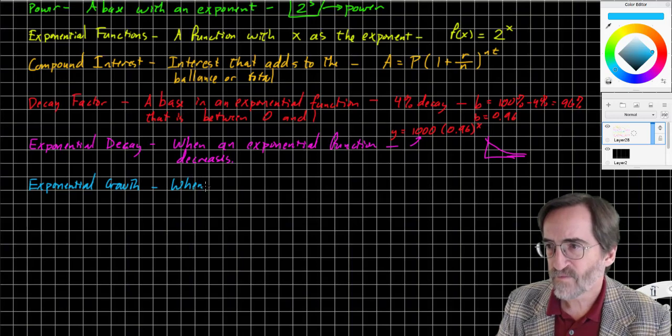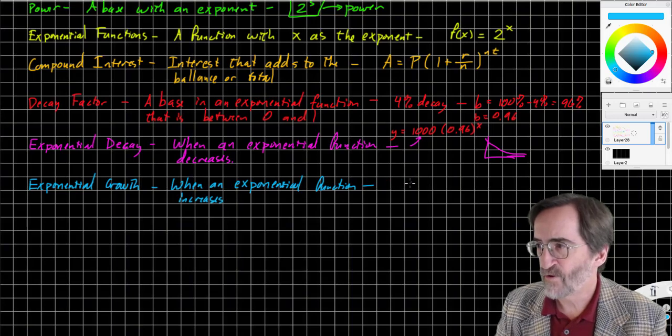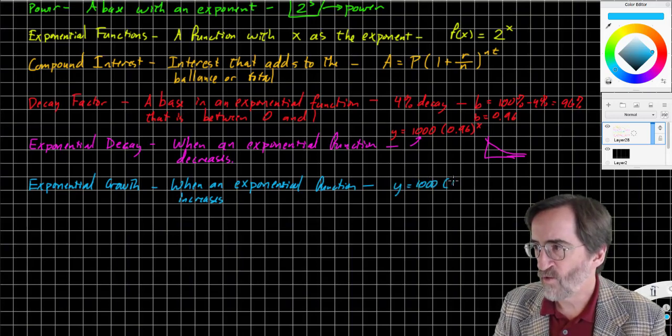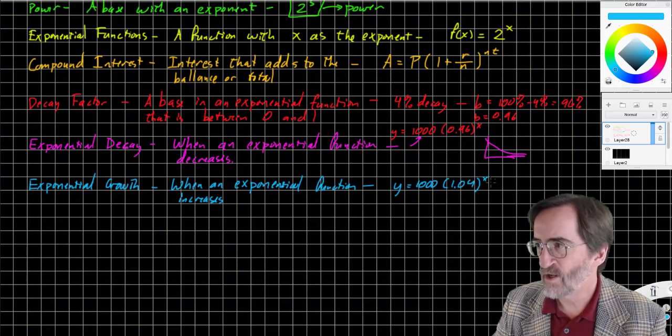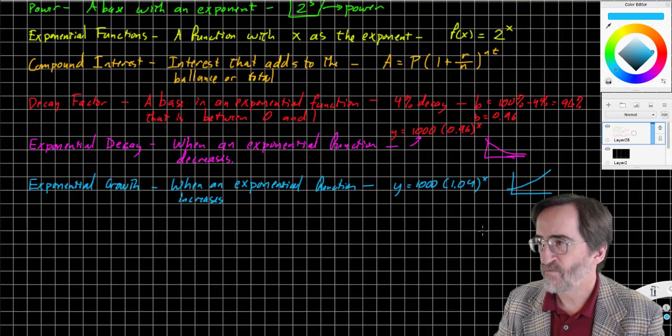When an exponential function increases. Example, y equals 1,000 times 1.04 to the x. Because we're multiplying by 1.04, something bigger than 1, this is going to grow. And the graph will look something like this.